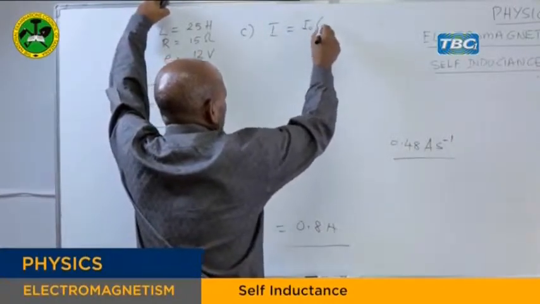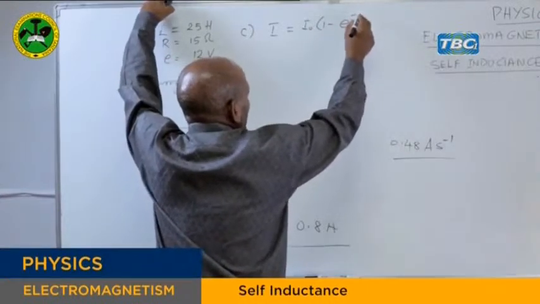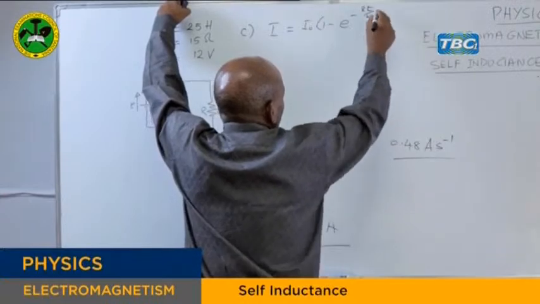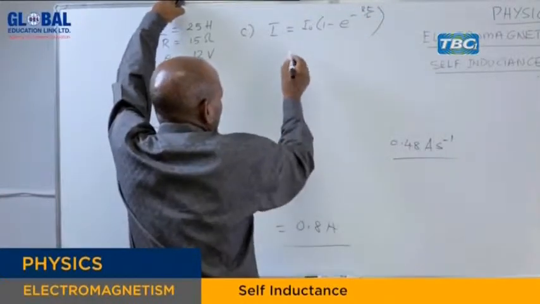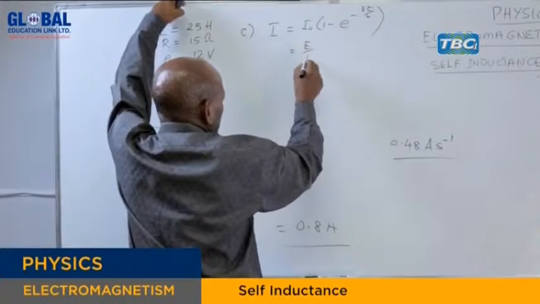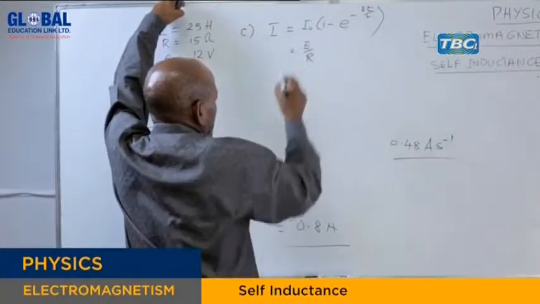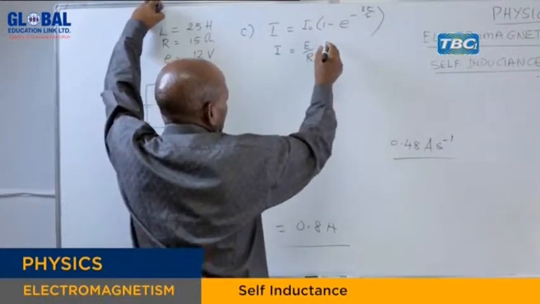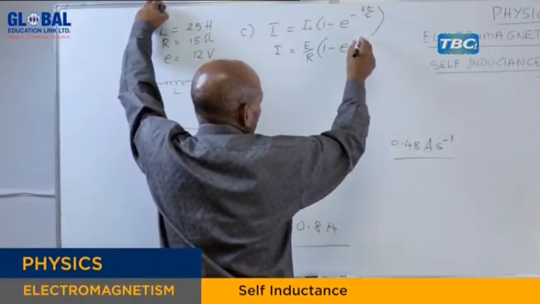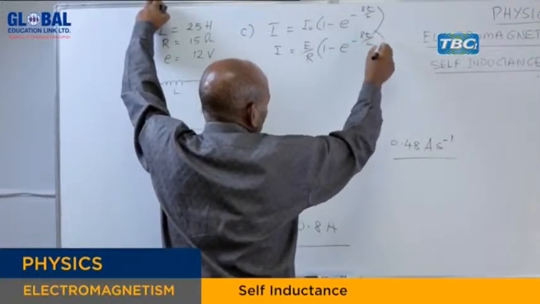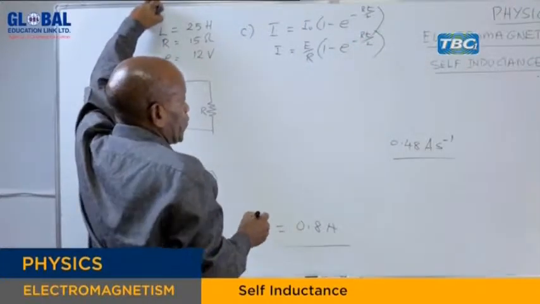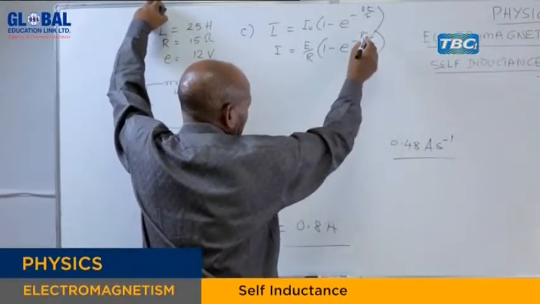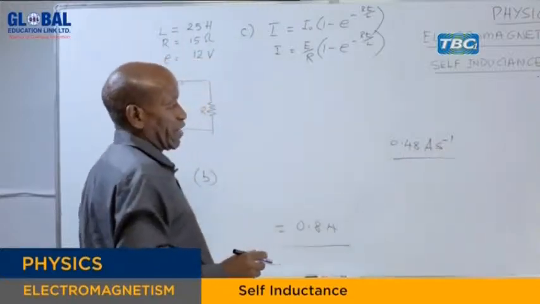I is equal to I naught into 1 minus e to the power minus R T over L. But I naught there is just equal to E over R. So it's a matter of substituting to obtain the current I at the moment the time is 4 seconds.